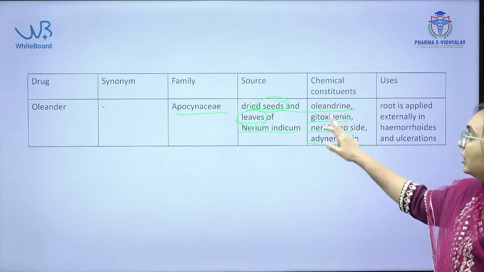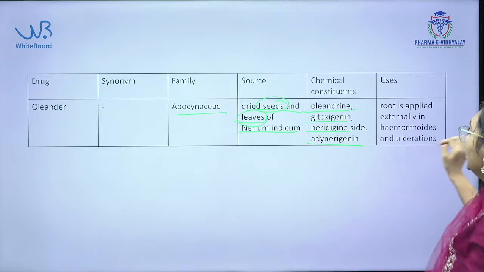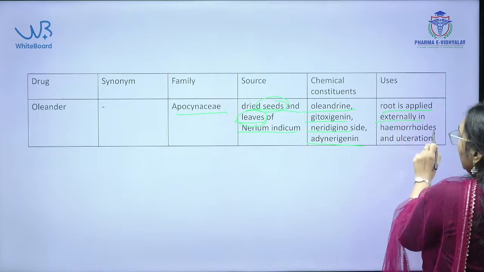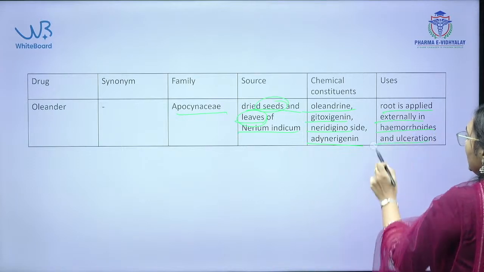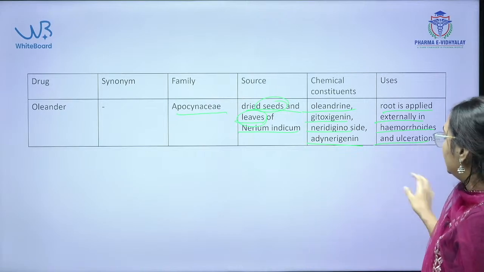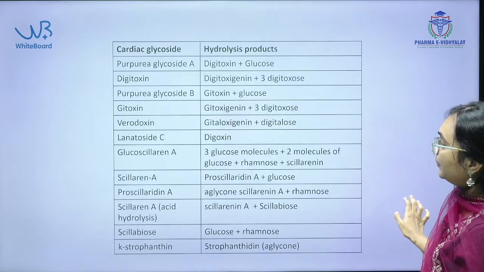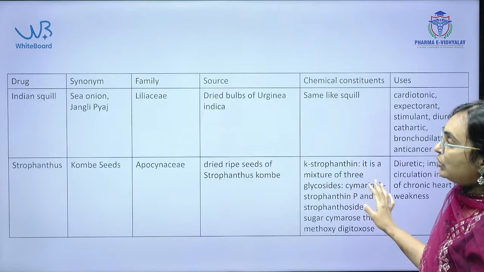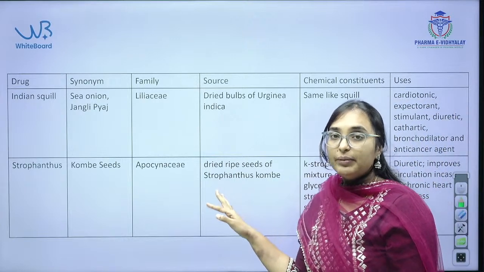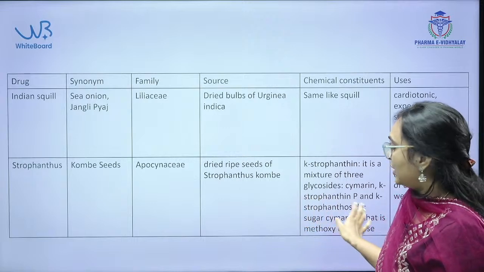Okay, oleandrin, gitoxigenin, these are the chemical constituents of oleander, and the root is applied externally in hemorrhoids and ulcerations. This is the overall idea about the cardiac glycoside sources and examples.